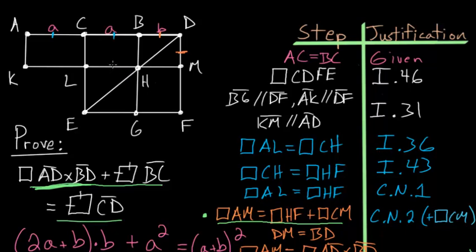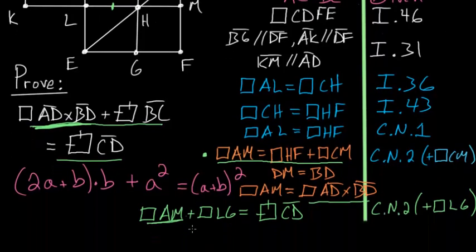This length LH is going to be equal to BC, because within parallelograms, opposite sides are equal. And we already know this is a square, so this square is essentially formed by the line BC. So this square on LG is just the square formed by the line BC. And these are both equal to the square formed by the line CD. So we have everything that we were seeking, and we can end this proof with QED.